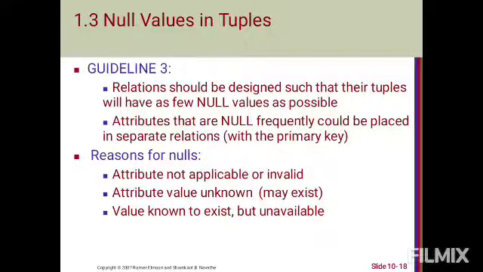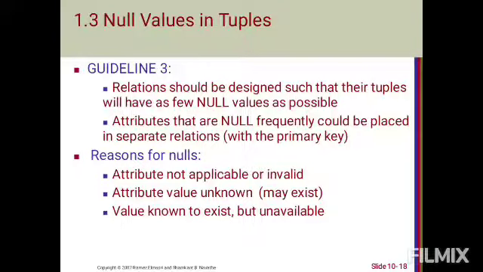Guideline number 3 is that relations should be designed such that their tuples have as few null values as possible. That is, as far as possible, avoid placing an attribute in a base relation whose value may frequently be null.